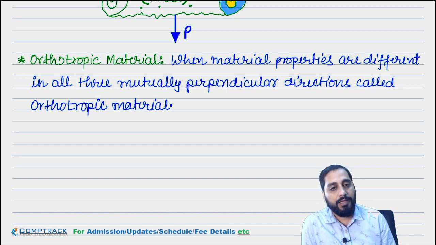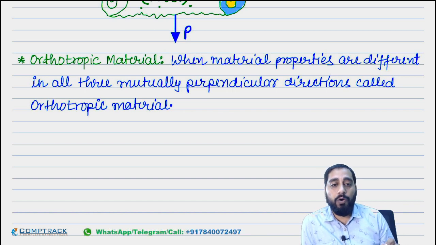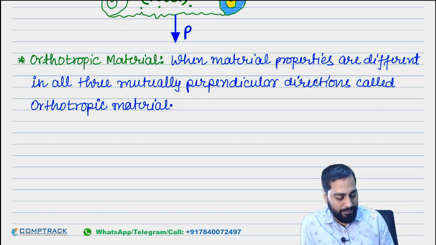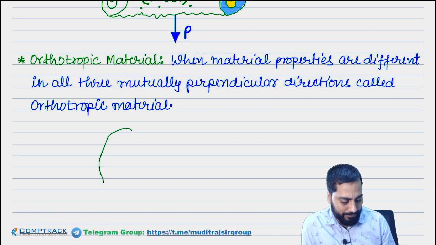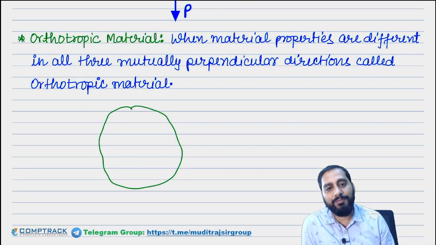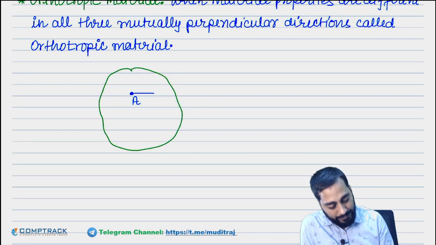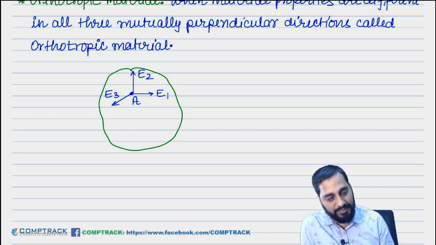ठीक है? Orthotropic. Now, for the orthotropic material, if I draw a material like this, look here. Let's say at point A, in x direction, property is E1, in y direction, property is E2, and in z direction, property is E3.